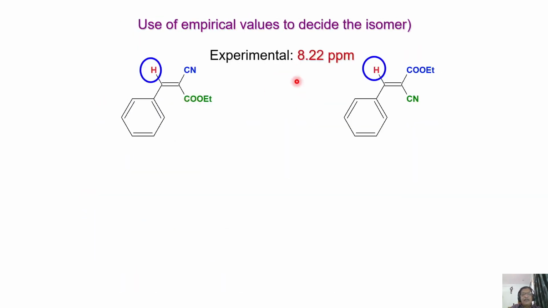And in one of the examples like this, the question was whether this is the molecule or this is the molecule. Okay, so whether COOEt is cis to this or trans to this proton. Because the experimental value was 8.22.